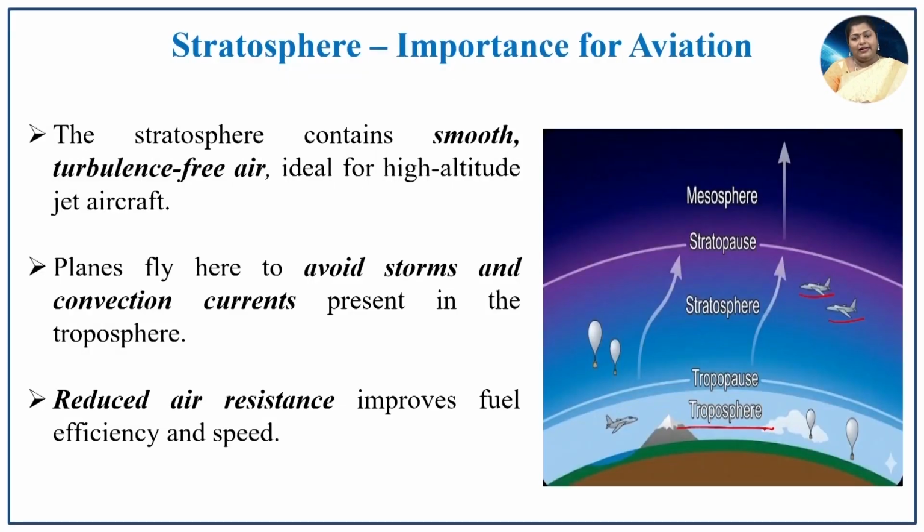In the troposphere all these convection currents and storms are visible, but here in the stratosphere it is very smooth. It also reduces the air resistance, which improves the fuel efficiency, saves fuel, and also controls the speed of the aircraft.